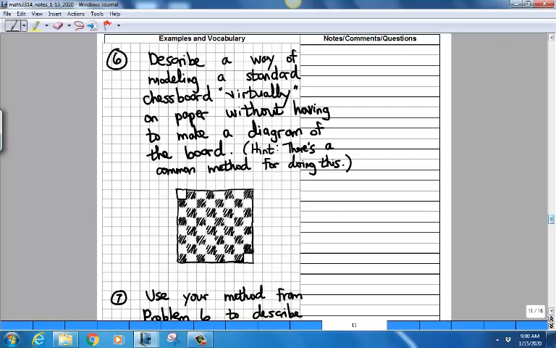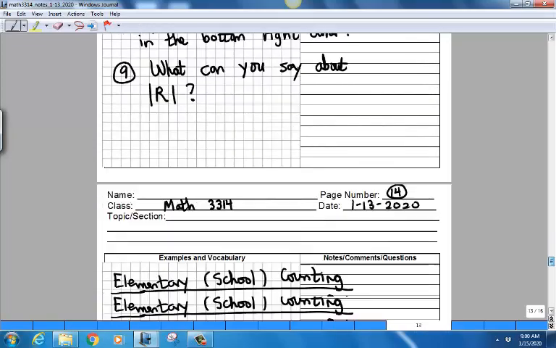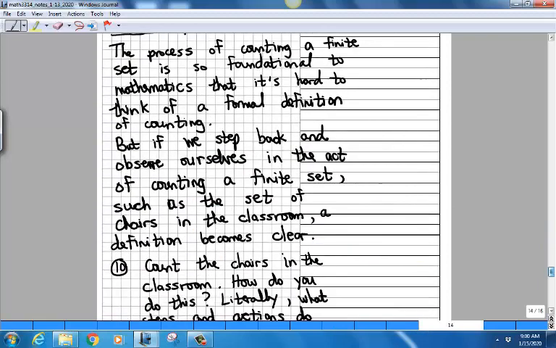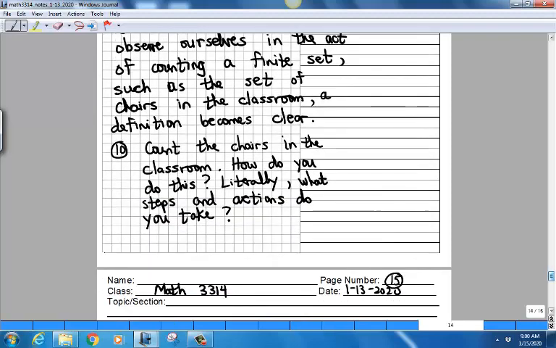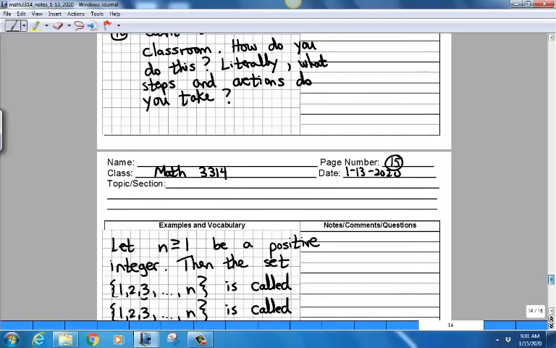Let's add some formal terminology to that. So here's a little description of first grade counting. And what Eduardo did for us very nicely there was demonstrate this process, the steps and actions he took to count the chairs in the classroom.